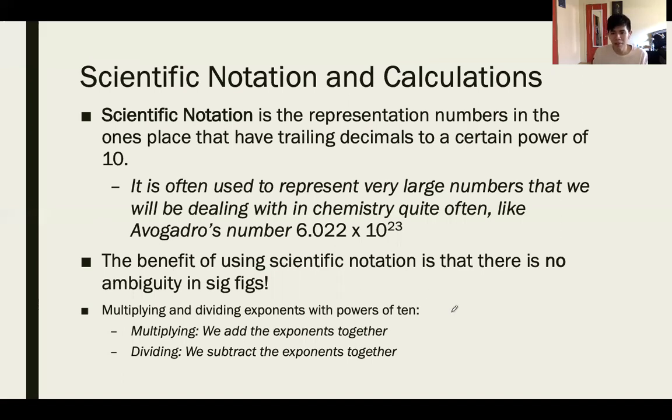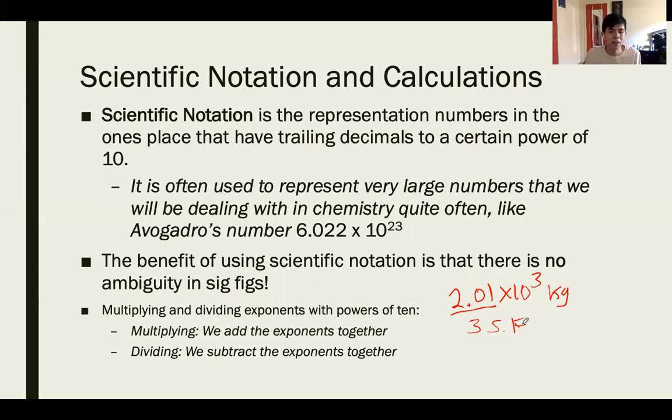For example, let's say I have 2.01 times 10 to the third, let's say kilograms. We just have to count, oh look, there's 1, 2, 3 significant figures. So it's really straightforward with the number of significant figures when you're doing scientific notation.